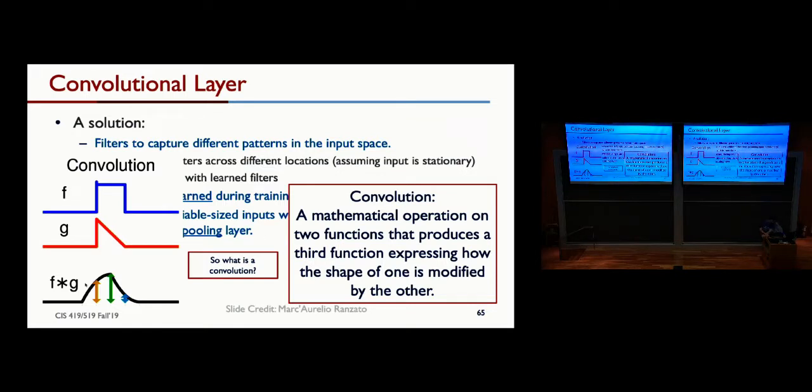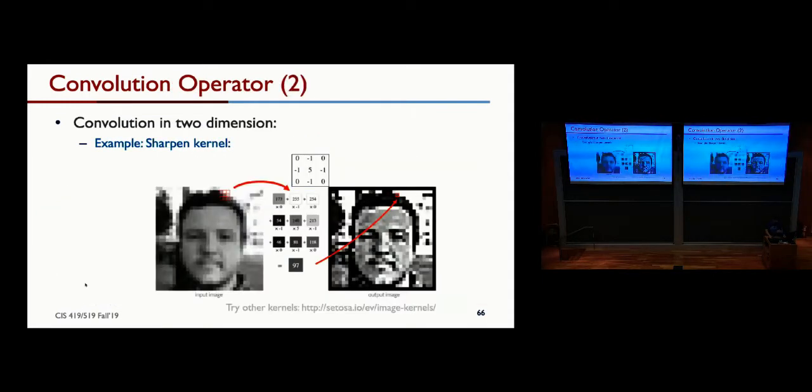Okay. So this is a very high level idea of what is going to happen. For example, you could have this very pixelated, unsharp image, and then you have a filter of size 3 cross 3.